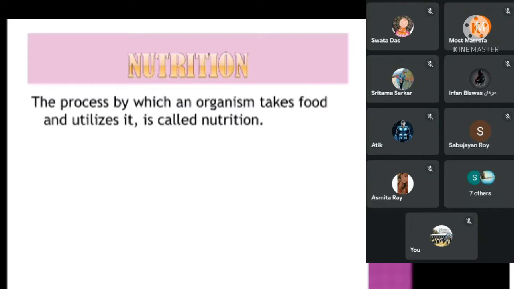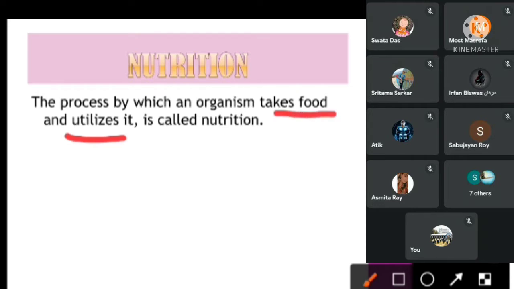The process by which an organism takes in food and utilizes it is called nutrition. An organism takes in food and then utilizes the food inside its body. This full process is known as nutrition.